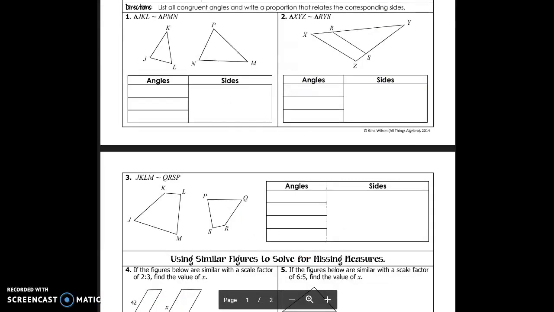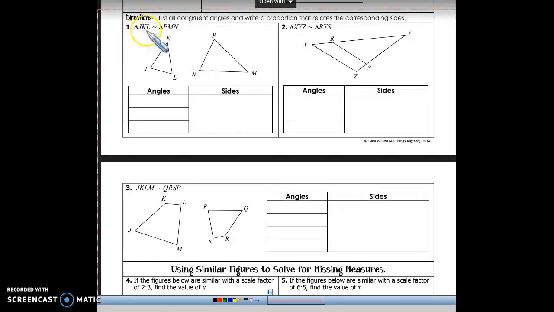Now let's look at some corresponding sides and corresponding angles. Again, we can get that from this triangle. In triangle JKL, similar to triangle PMN, I can get corresponding things from the pictures, but I can also get it from the lettering. The corresponding angles are congruent.